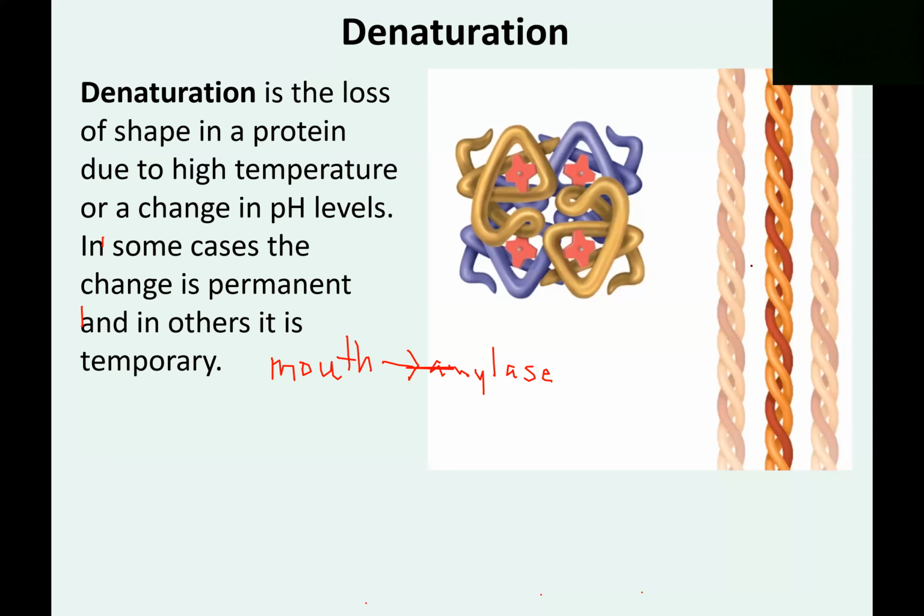Okay, so in the mouth, you have amylase. This is a protein that digests starch if it's the right pH. In the mouth, you have a high pH. And so it works.